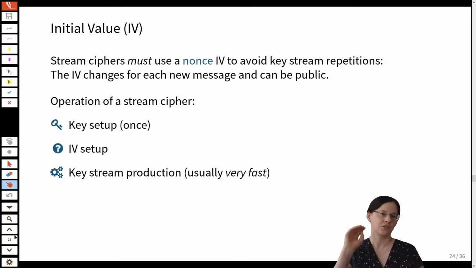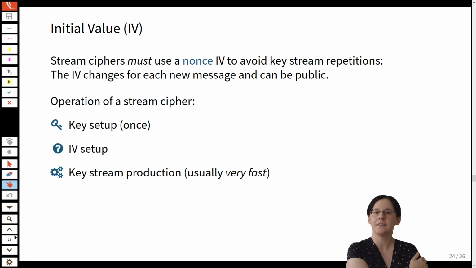What we need in addition to what I've shown on the previous picture is something to make sure that we never generate the same key stream twice. Because you already know this problem from last week's exercise tasks. If you have a one-time pad and you repeat the key stream, you're dead. And the same thing holds for stream ciphers. So if you manage to produce the same key stream twice, you lose security.